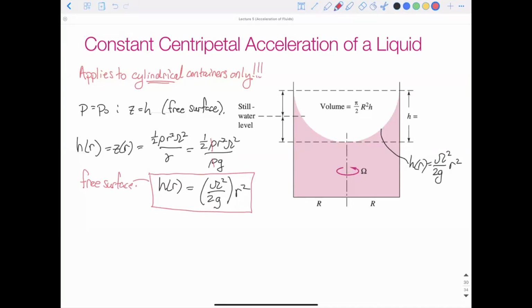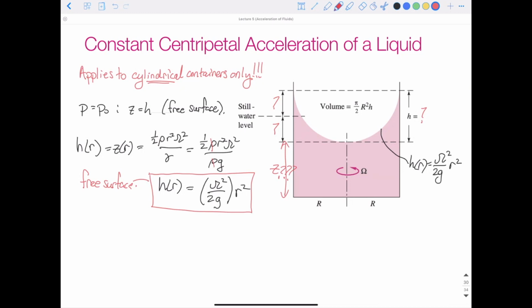So now we need to figure out, okay, what is this value of H over here? What are these quantities? And then lastly, what is the height of the lowest part of our fluid? So let's do this by equating the volume of the total fluid.